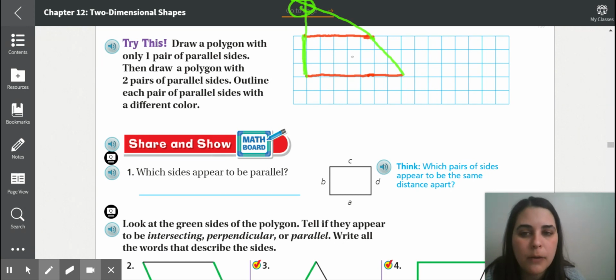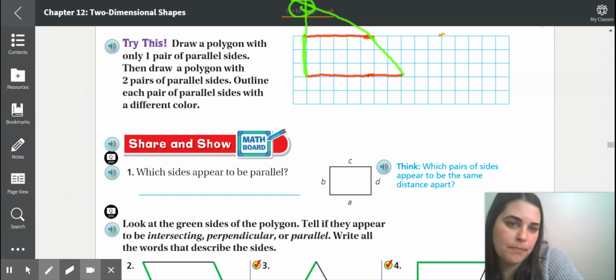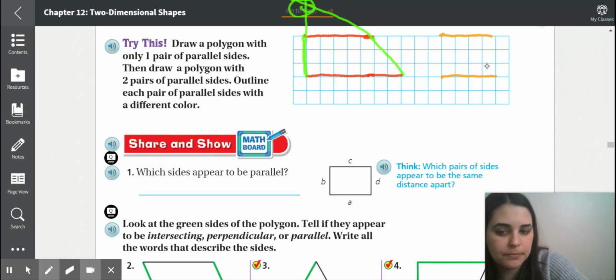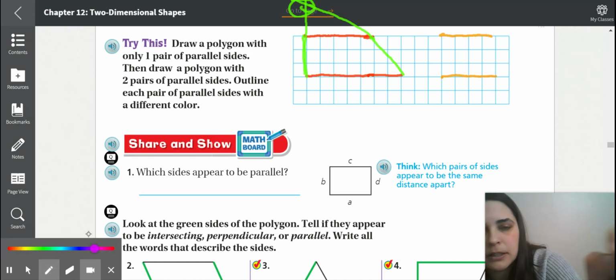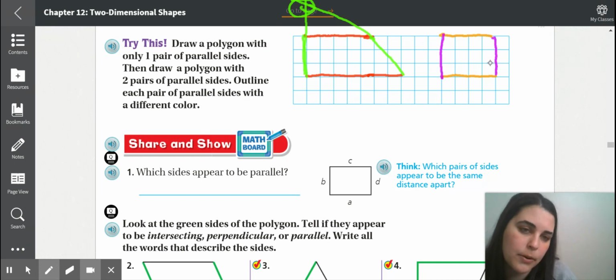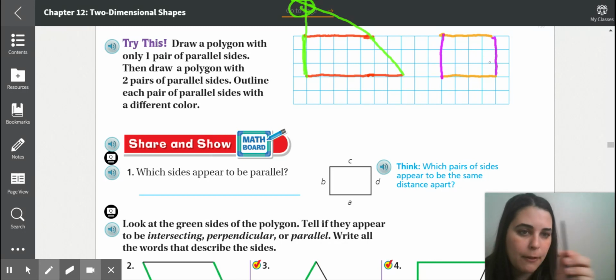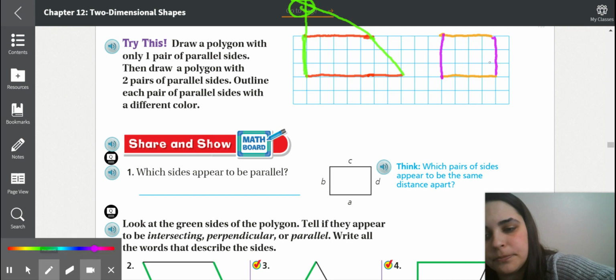Now let's draw a polygon with two pairs of parallel sides. So that side and that side would be parallel. And then this side and this side would also be parallel lines. The orange lines will never meet, and the purple lines will never meet or cross and make an angle.